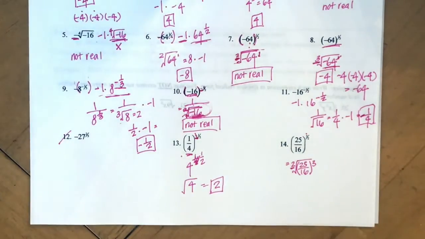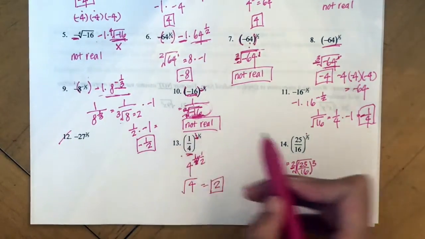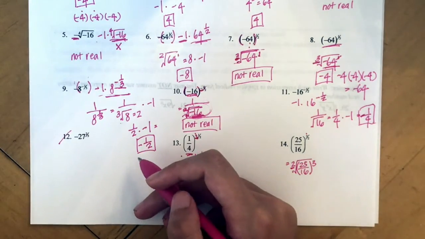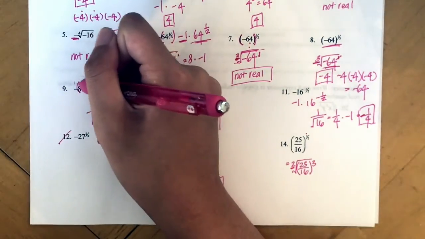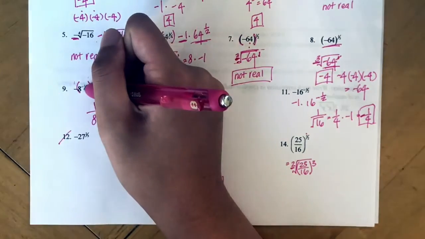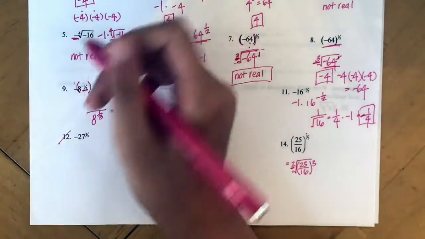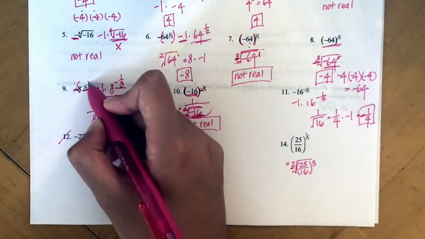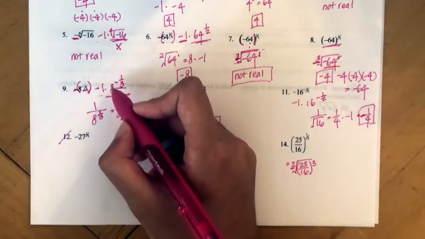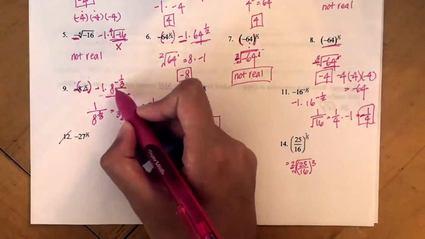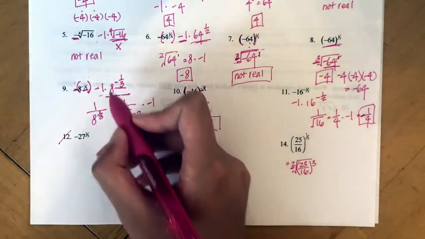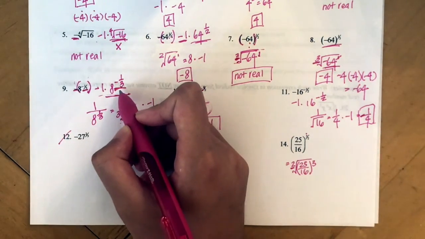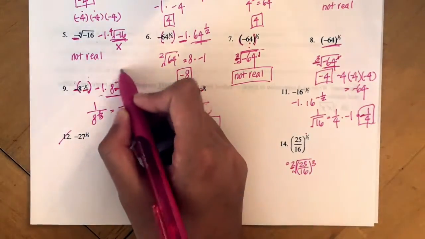So moving on to number 9, I already read out the explanations because this part of the video got cut off, but it's okay. So we have -8 to the -1/3, so now we have a negative exponent. As we said before, we're going to regard the negative sign and this part as two separate things. So we're going to rewrite it as -1 times 8 to the -1/3 power. The way that we get rid of this negative exponent is that we take the inverse of this whole thing.